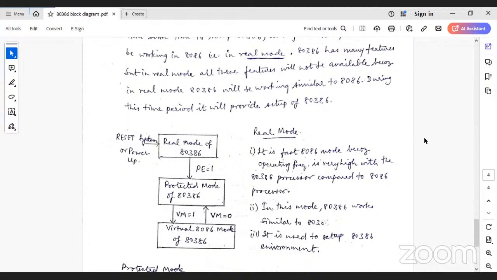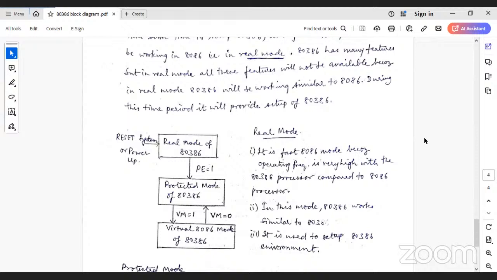That mode we call the real mode. And once it is set up, after the system goes through the booting up process, it will come in the real 386 or 80386 environment, and that you call the protected mode.